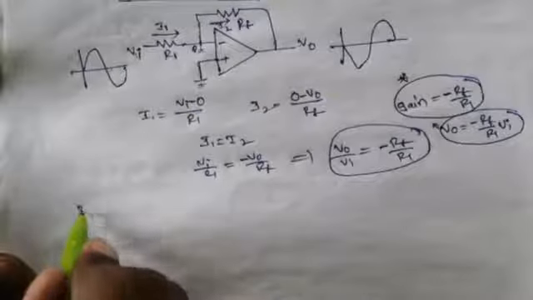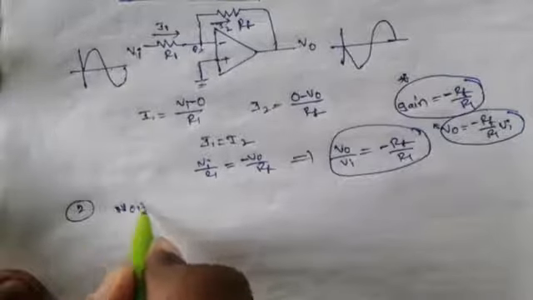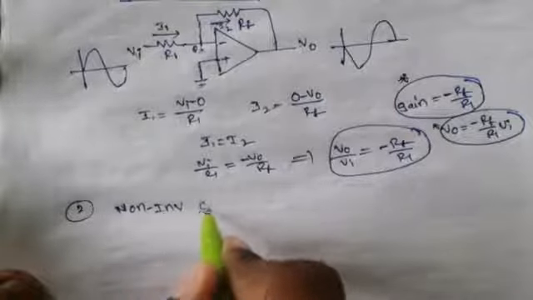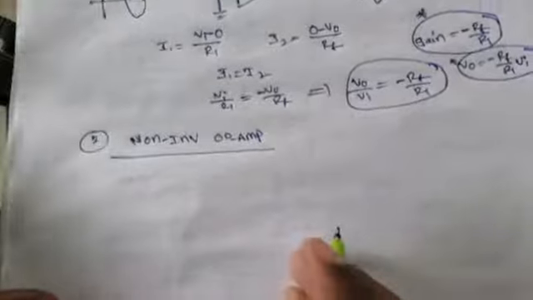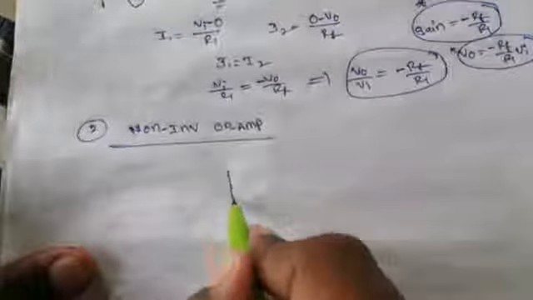Coming to the second point, the non-inverting op-amp in closed loop mode. What is the meaning of non-inverting? It means we have to apply the input voltage to the non-inverting terminal.